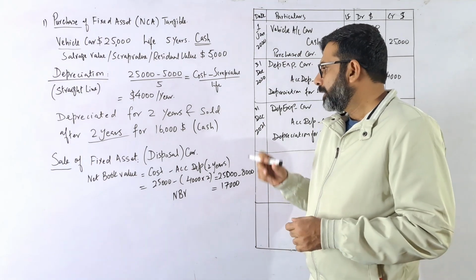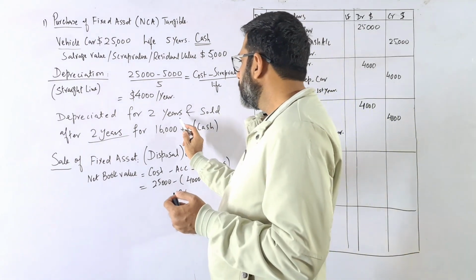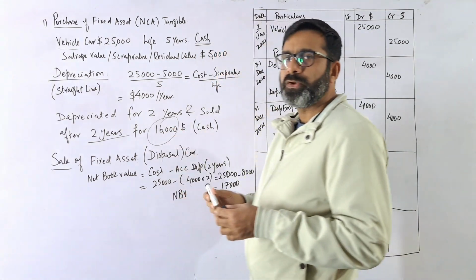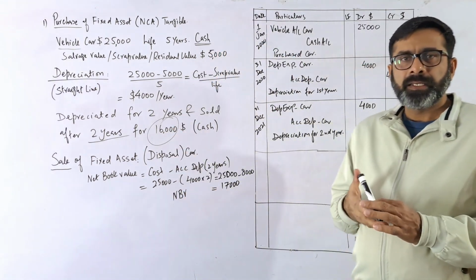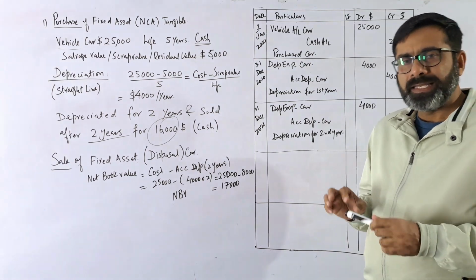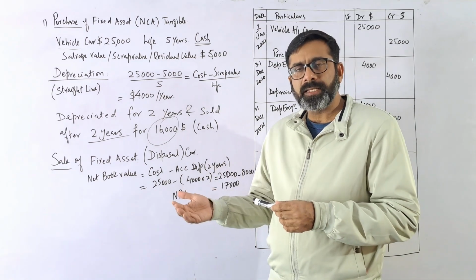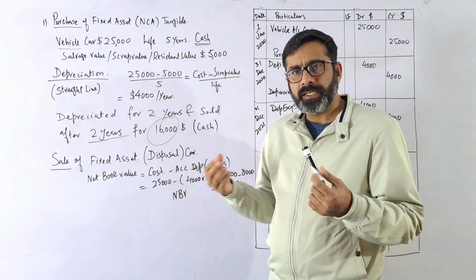But when the business sold this car, they are receiving only 16,000. So what does it mean? Is there any gain on this selling, on this disposal, or is there any loss?